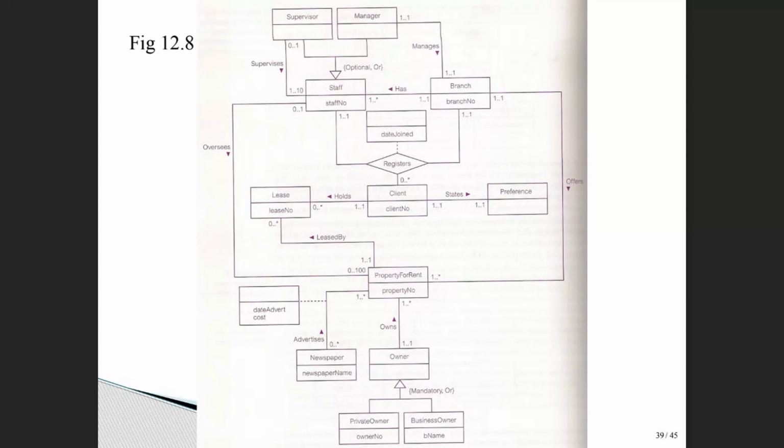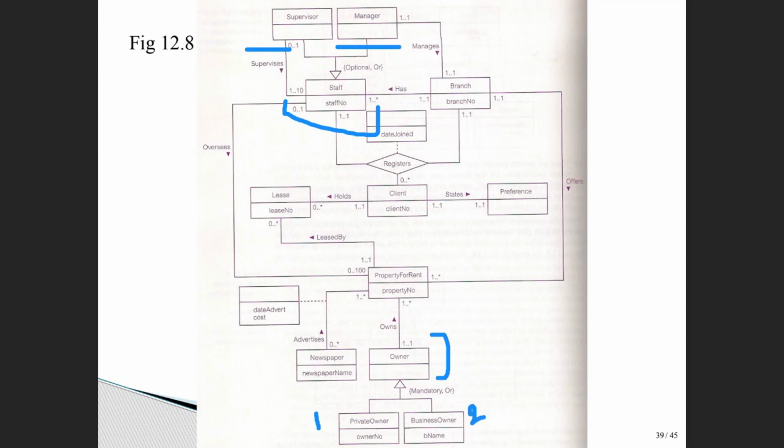So this is what we have got here. We converted staff to a superclass, then added more subclasses: supervisor and manager. Then we added an owner superclass to property for rent, with two subclasses, private owner and business owner.